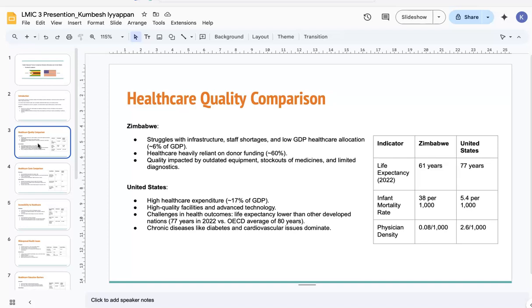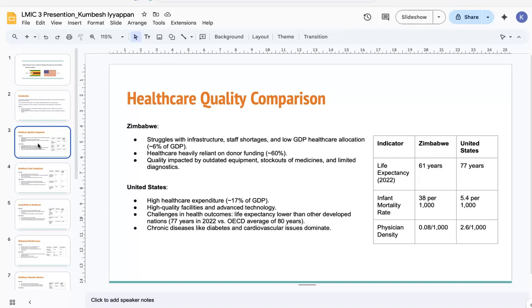system in Zimbabwe. Whereas in the US, it has high healthcare expenditure, which is around 17% of its GDP, which will be around an amount of $2 trillion, which is a very significant expenditure. It has high quality facilities and advanced technology use, but the US still deals with specific health challenges like life expectancy, which is lower than other developed countries.